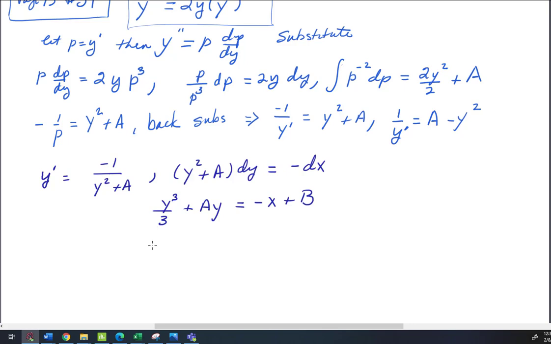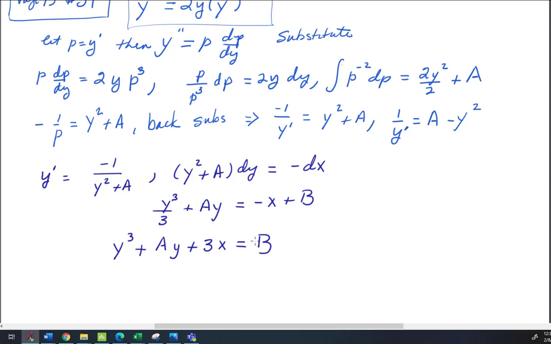And we can multiply through by 3 if we want to, and we'd get y cubed plus, now 3a is going to be a different but an arbitrary constant, y, and I'm multiplying by 3, so I get a negative 3x on the right hand side, but let's transpose it, and it becomes a positive 3x, and then 3b is just a b, so we can, if we want to, maybe leave it in that form right there.